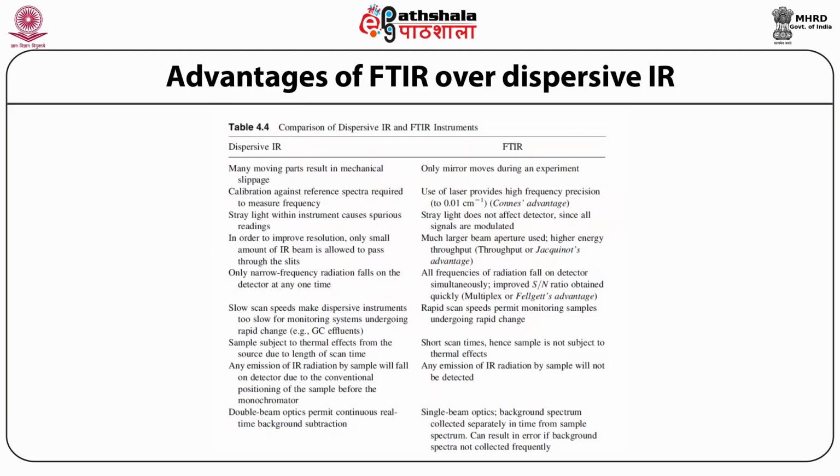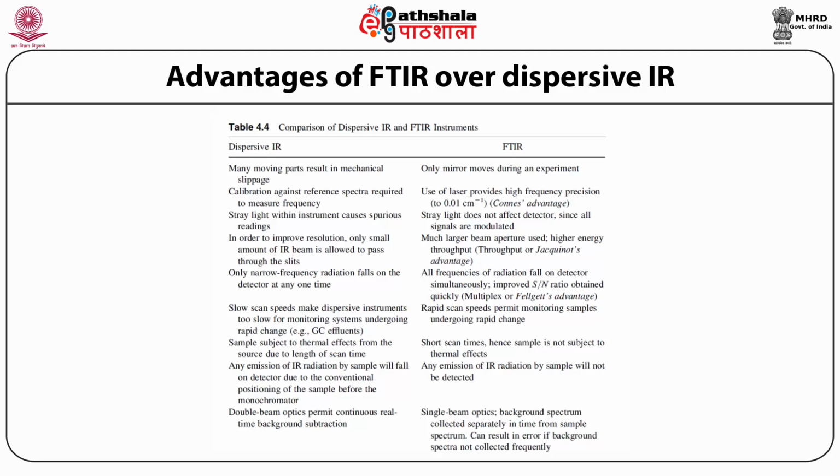We can see here the advantages of FTIR over dispersive IR, and we compare them one by one. For the dispersive IR, many moving parts result in mechanical slippage. However, in the FTIR, only the mirror moves during the experiment. In dispersive IR, calibration against reference spectra is required to measure the frequency.